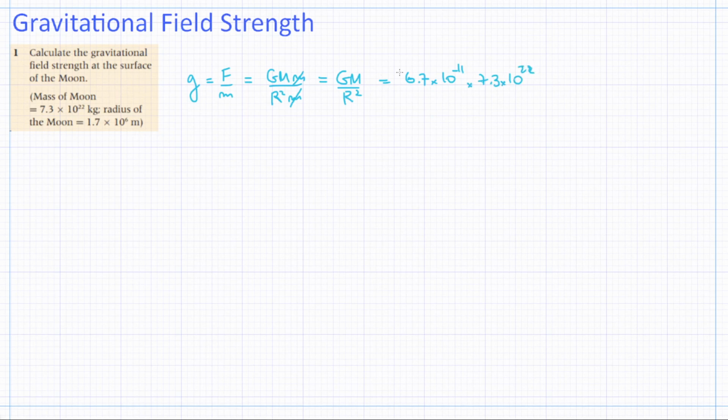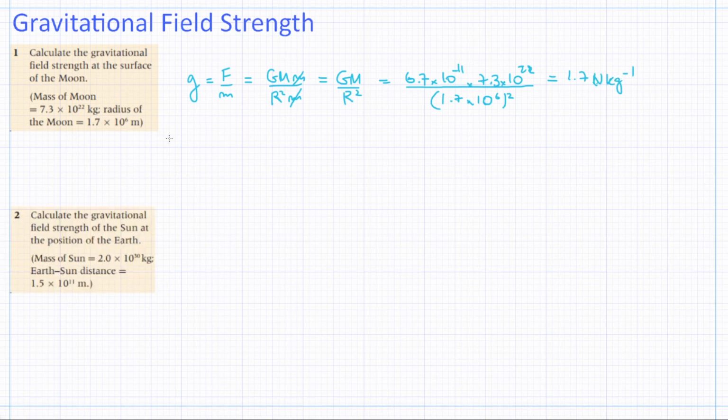Everything here is in SI units, so I'll not bother writing the units, but we all know that the gravitational field strength on the moon will be in the units that we expect, which will be meters per second squared or newtons per kilogram. So if we continue here, the radius is 1.7 times 10 to the power of 6, squared. And if we work out those numbers, it would give us 1.7 newtons per kilogram, or meters per second squared.